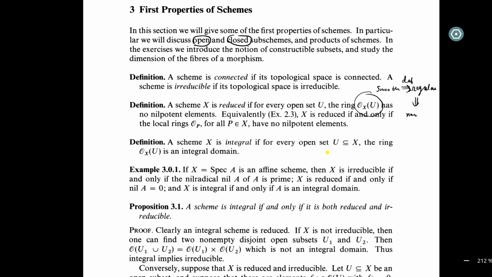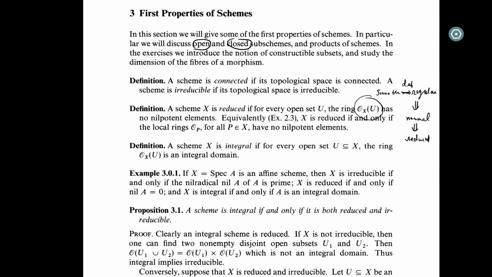By definition, smooth first requires being regular. Regular implies normal, and normal implies reduced. This is just by definition.